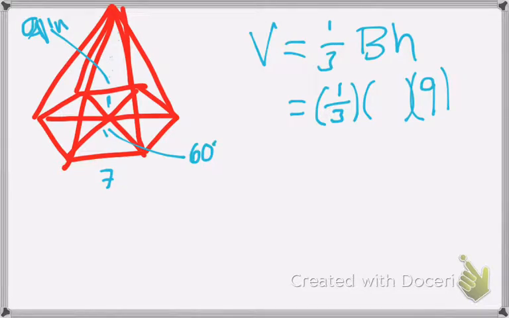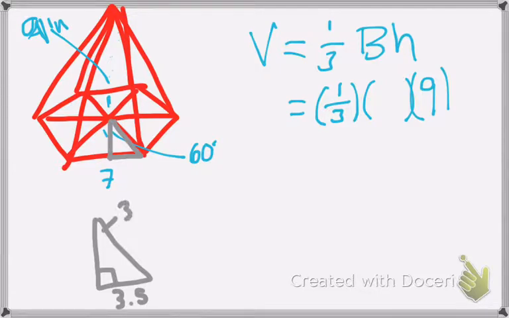And then from here, you can solve it a lot of different ways. Y'all like to split it, which means you have a nice, beautiful right triangle where the bottom is half of the side length, so 3.5. And then that angle is half of our central angle, so 30 degrees.